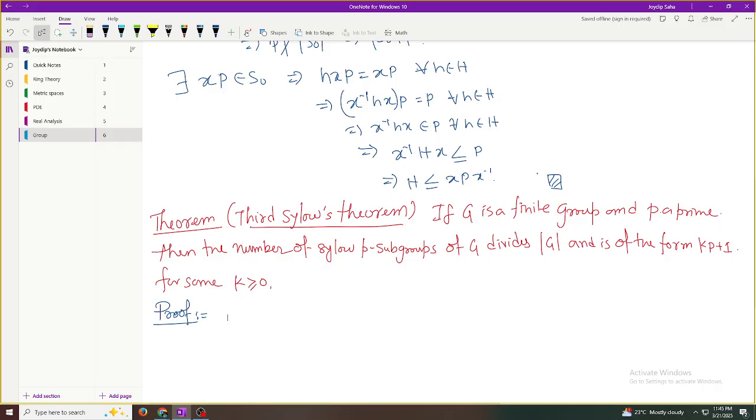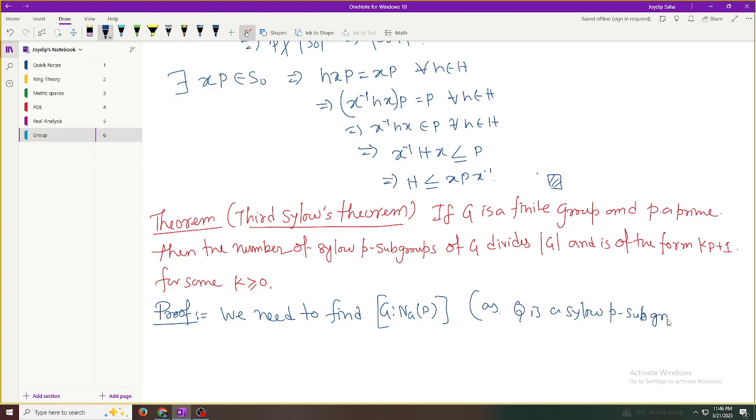So we need to find G colon NGP as Q is a Sylow P subgroup if and only if Q is conjugate to P. Okay, you have to find the number G colon NGP.